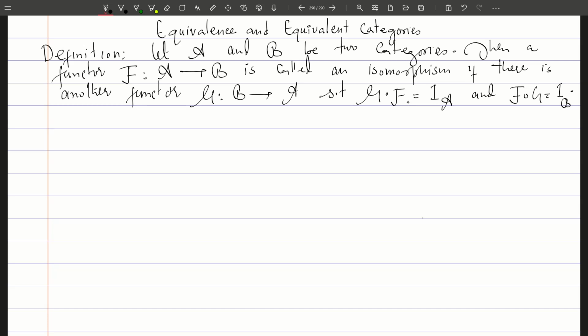So if this F is an isomorphism, then A and B are said to be isomorphic. So if this F is an isomorphism, then the category A and the category B are isomorphic.